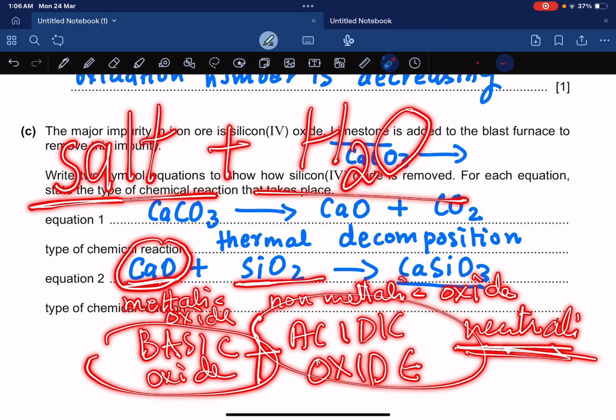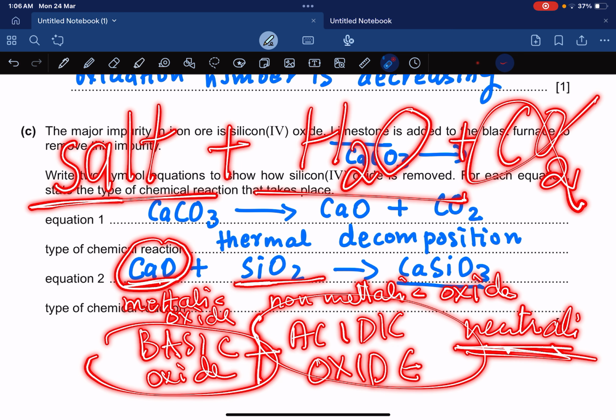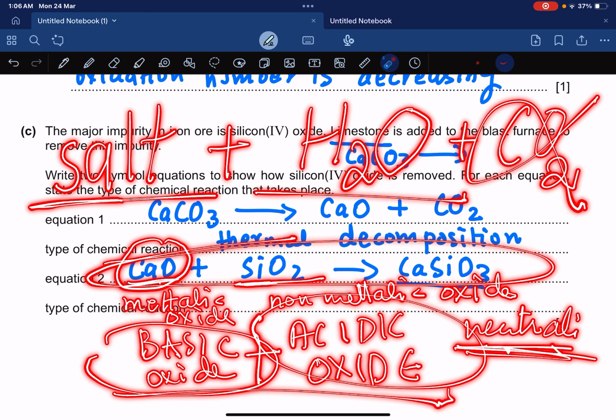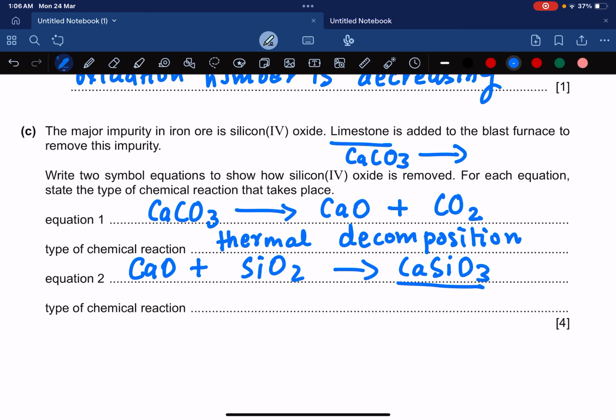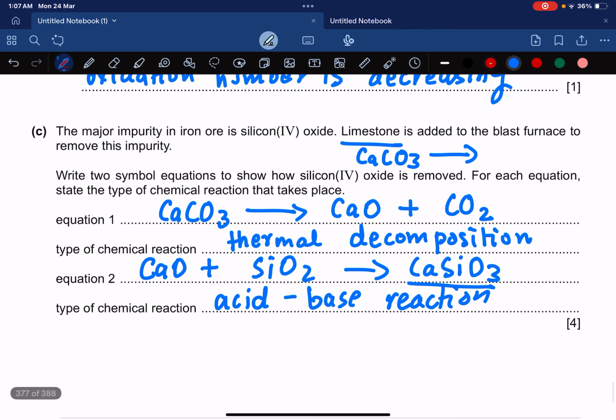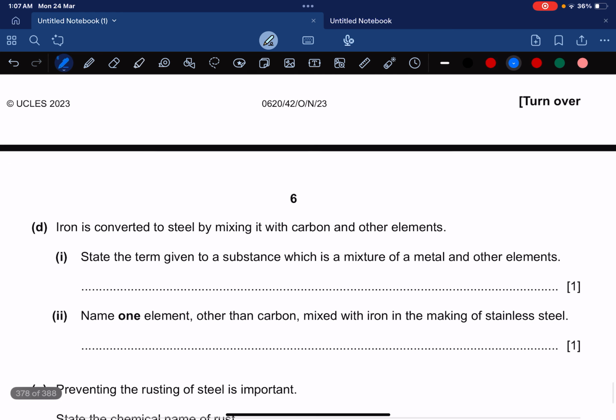Even if any other product, like अगर कार्बन डाइऑक्साइड भी फॉर्म हुआ है ना, तो that's not a neutralization reaction, that's an acid base reaction, ठीक है. So this is not a neutralization reaction. In the marking scheme as well, it's clearly stated it's not neutralization, it's acid base, ठीक है. Don't forget this thing. So write acid base reaction, because this one is your base, this one is your acidic oxide, ठीक है. Let's move on.